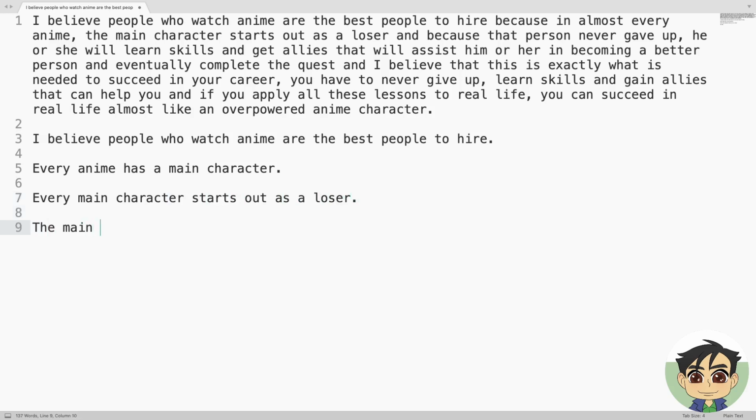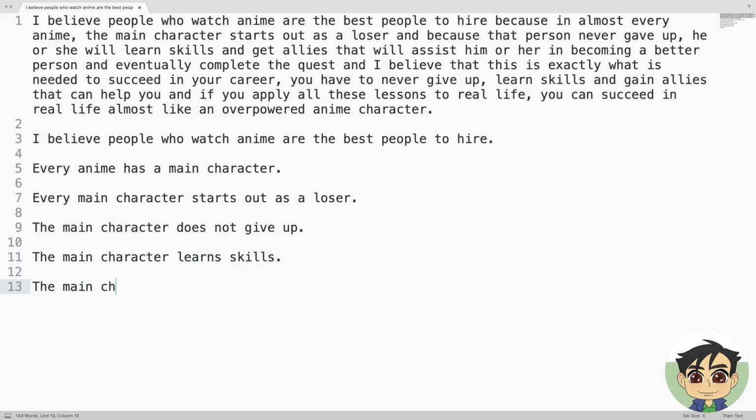The main character does not give up. The main character learns skills.